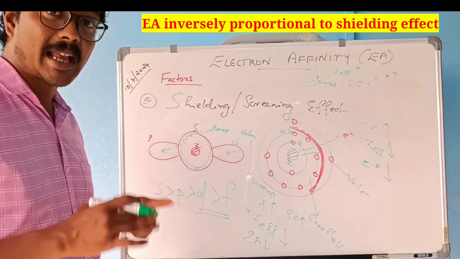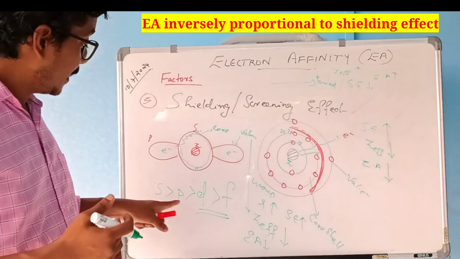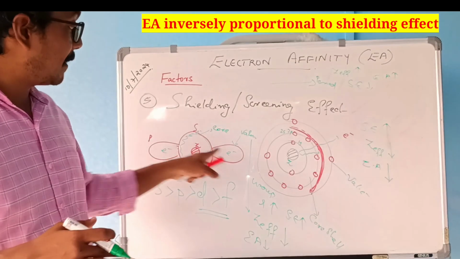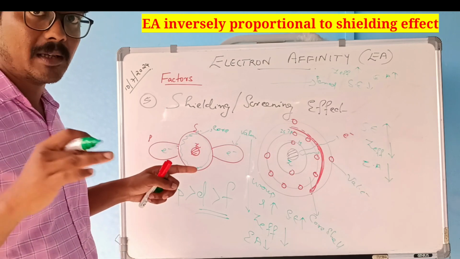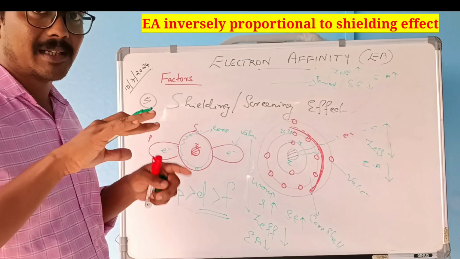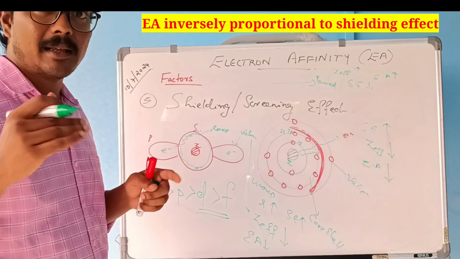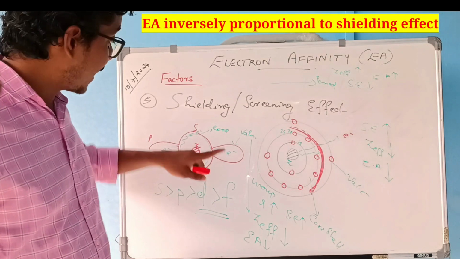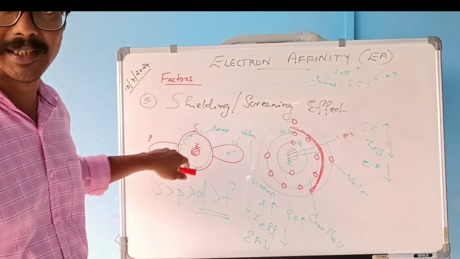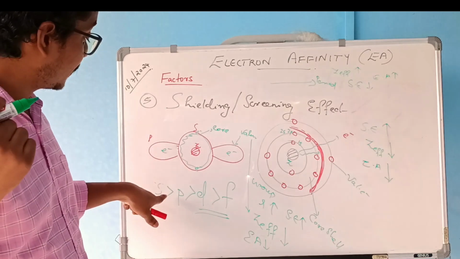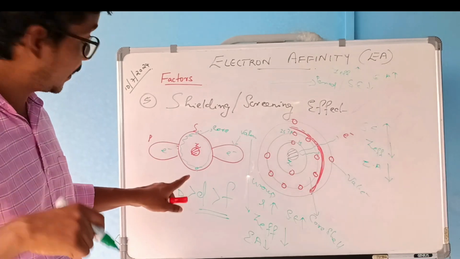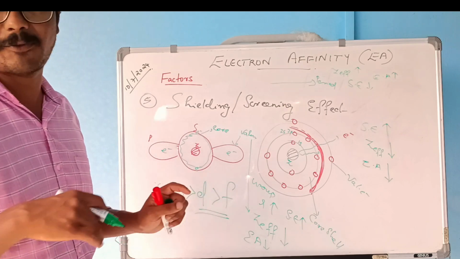The d subshell has a flower-like double shape, and the p subshell has a dumbbell shape. Both are not symmetrical, so they cannot screen the outer shell like s, because s is spherical. This is the order of screening effect: s is greater than p, d and f.